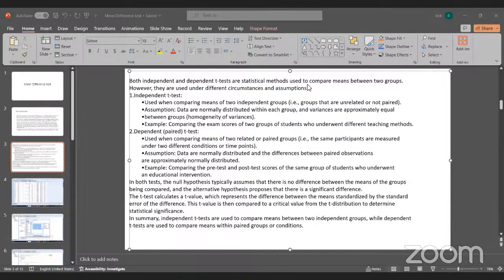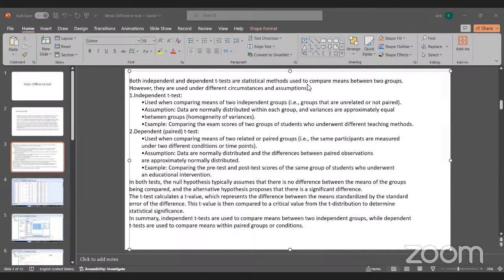So now it is clear to you what is the difference between the independent and dependent t-test or paired t-test. And you have understood the assumptions also in case of the independent t-test and the dependent t-test.